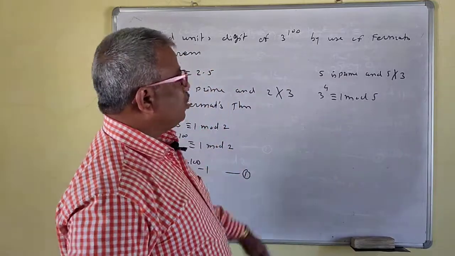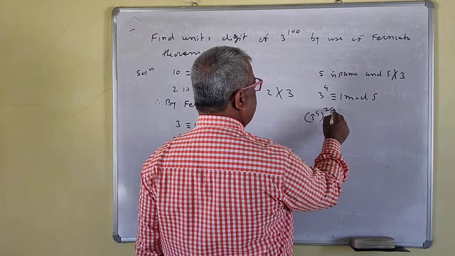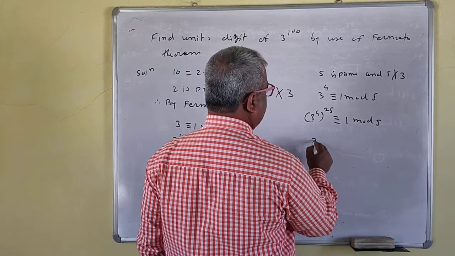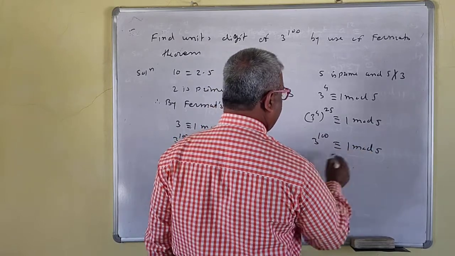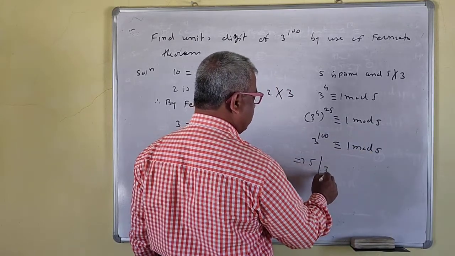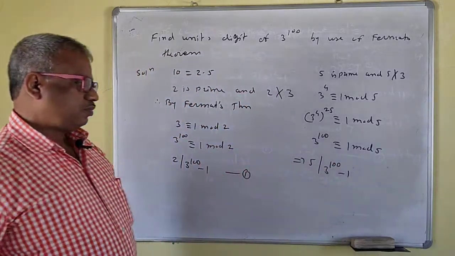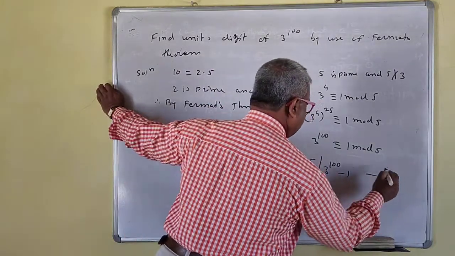So I take the power 25: 3^4 to the power 25 is congruent to 1 mod 5. So 3^100 is congruent to 1 mod 5. This implies that 5 divides 3^100 minus 1. I will call this 2.